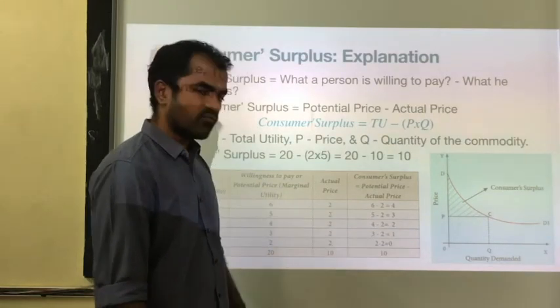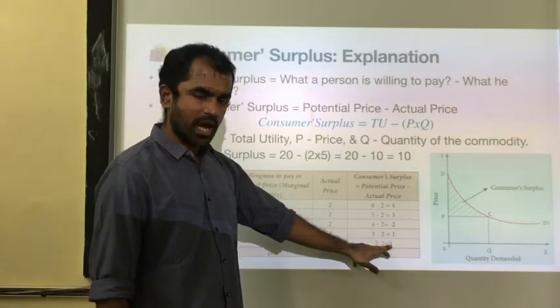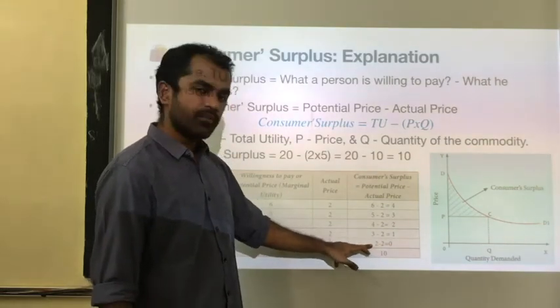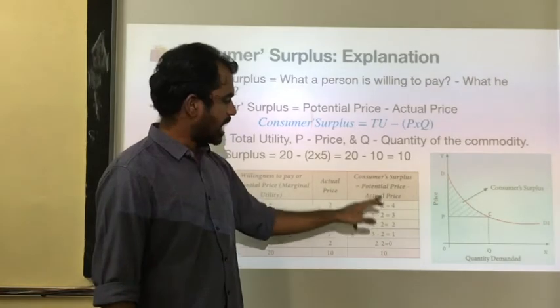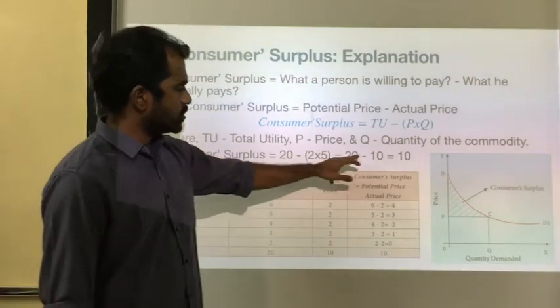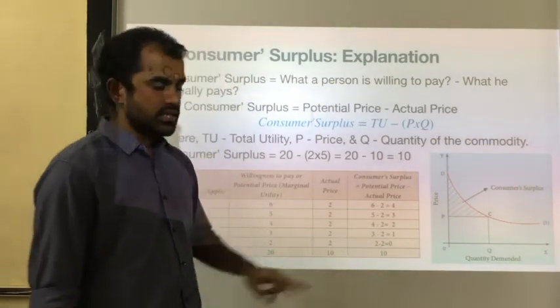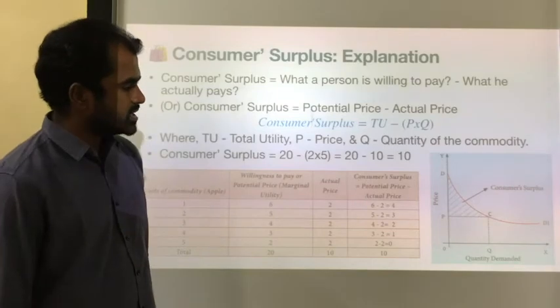The fourth one is 1 rupee, and for the fifth unit, you don't gain anything further. You actually pay the same price, which is your actual price. So, if you sum everything, you get 20 minus 10, which is 10. The same thing is shown in the slide over there.